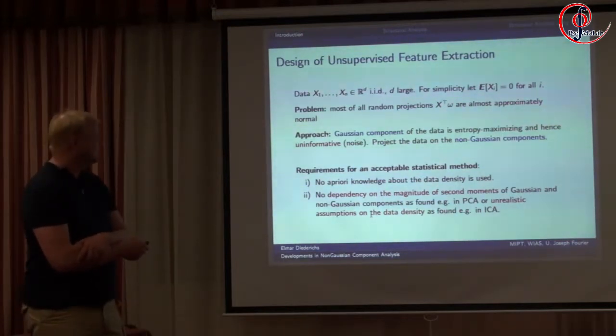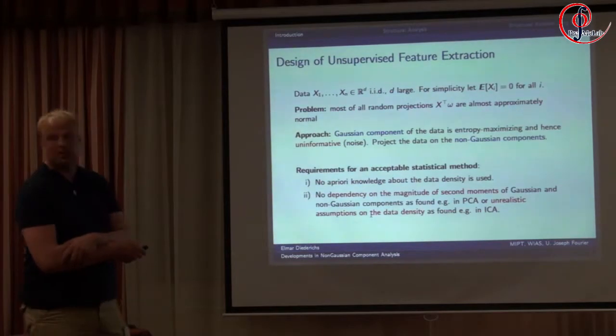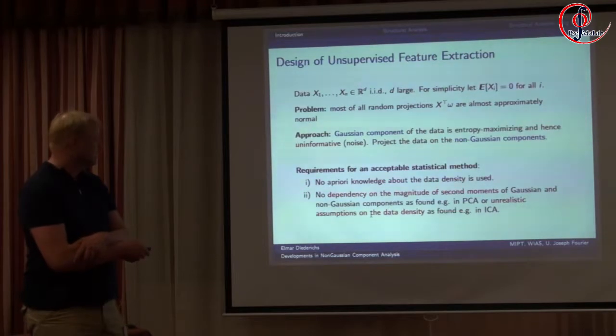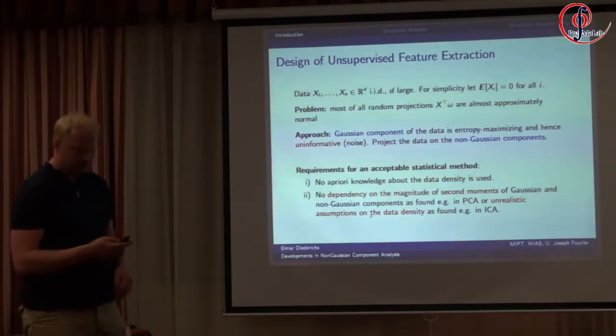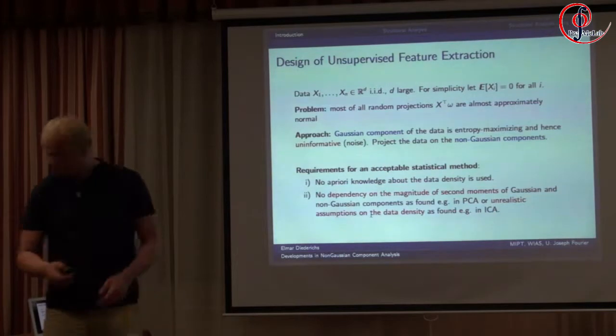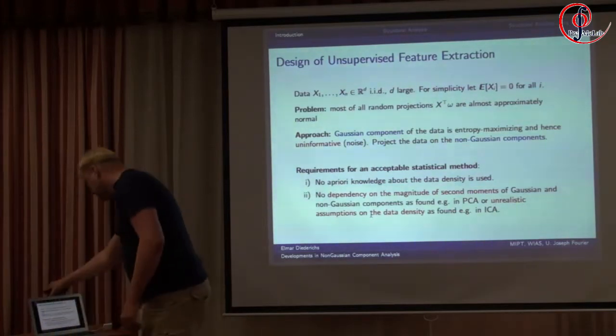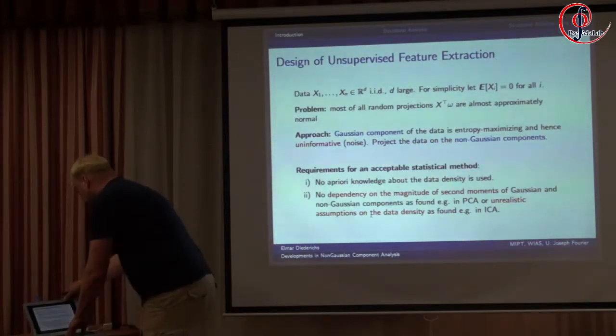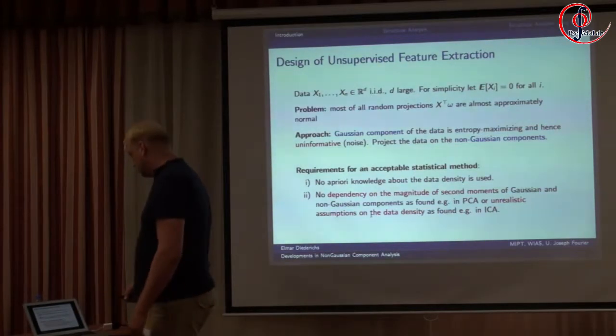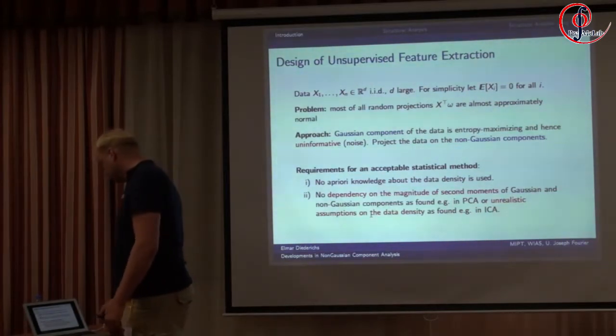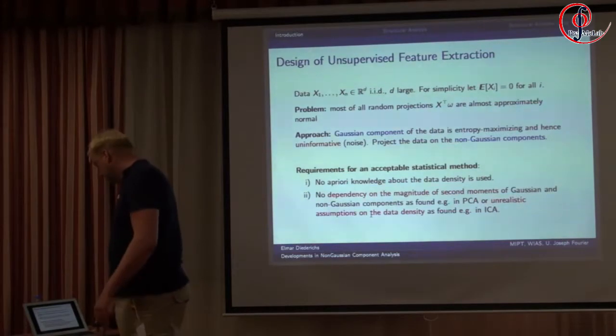We assume that Gaussian components, as usual in statistics, are uninformative, and we are only interested in the non-Gaussian components, so we try to project the data onto suitably chosen non-Gaussian components. The requirements for any acceptable statistical method in that sense are that we do not use any a priori knowledge about the data density, and it would of course be nice if there were no dependency on the second moments of the Gaussians or other unrealistic assumptions on the data density. This is more or less the setting that we try to cover.